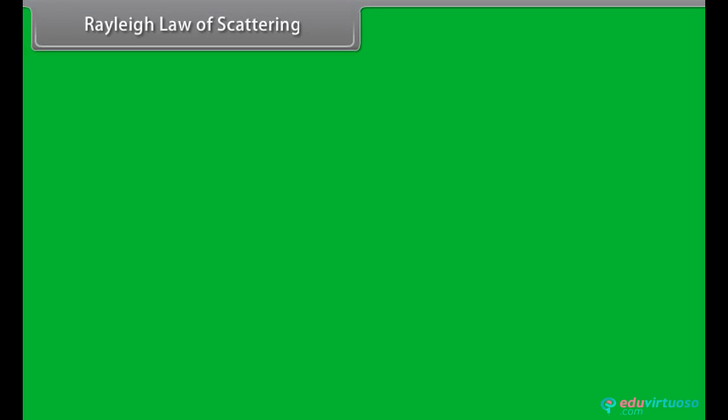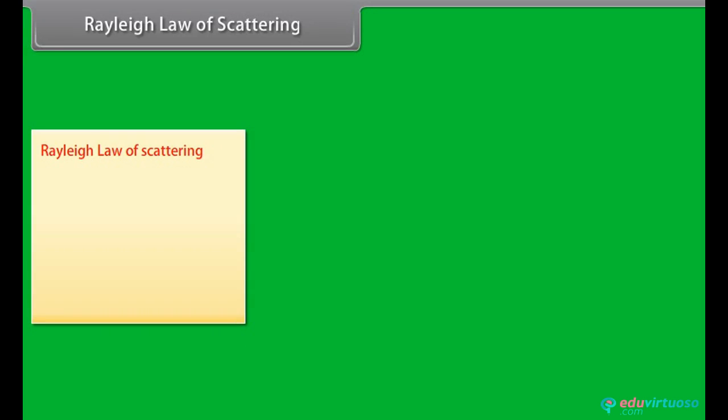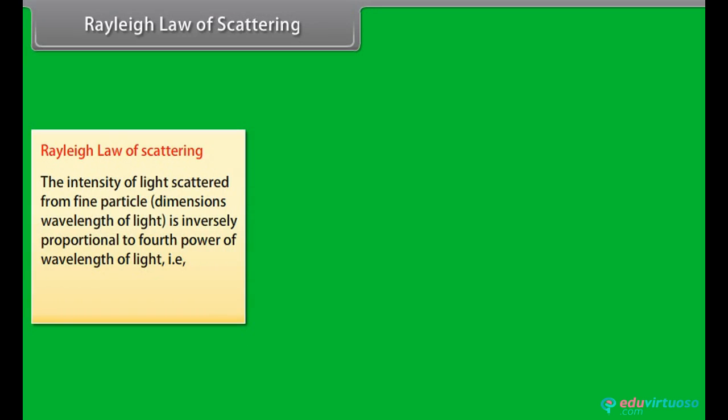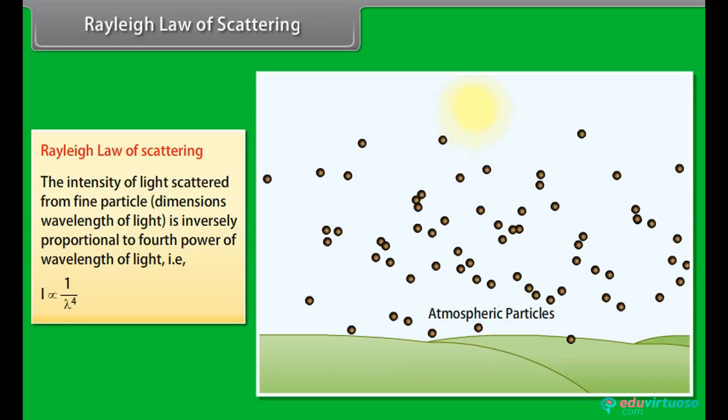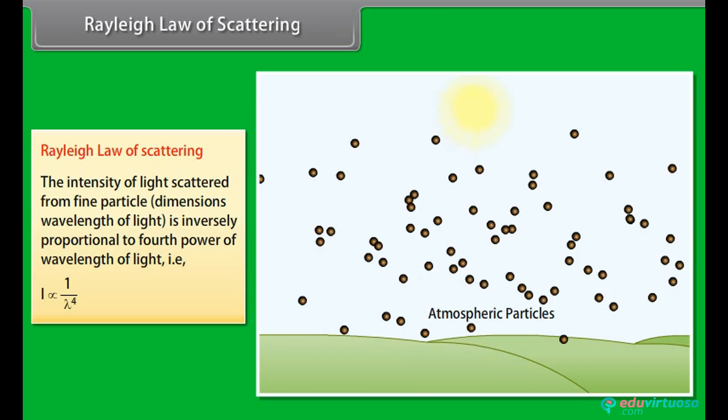Rayleigh Law of Scattering. The intensity of light scattered from fine particles, dimensions smaller than the wavelength of light, is inversely proportional to the 4th power of wavelength of light, that is, I ∝ 1/λ⁴. That is why we see a blue sky most of the time.